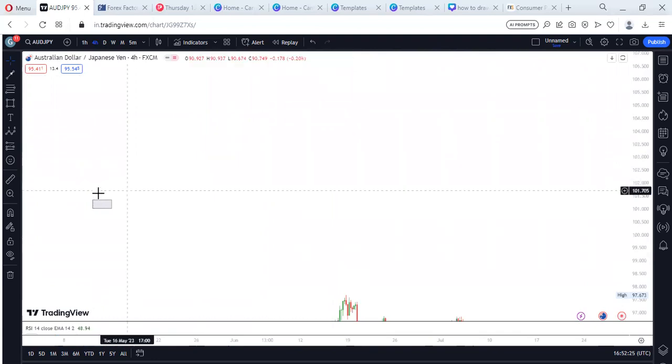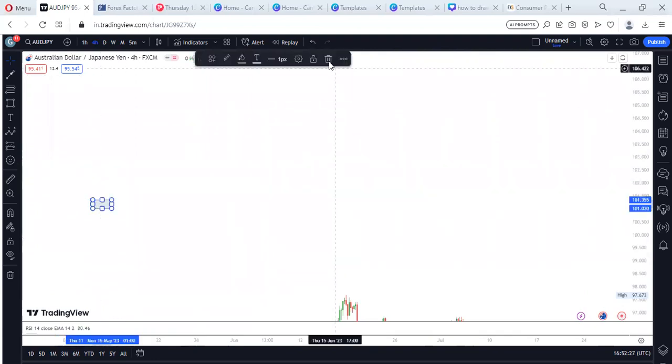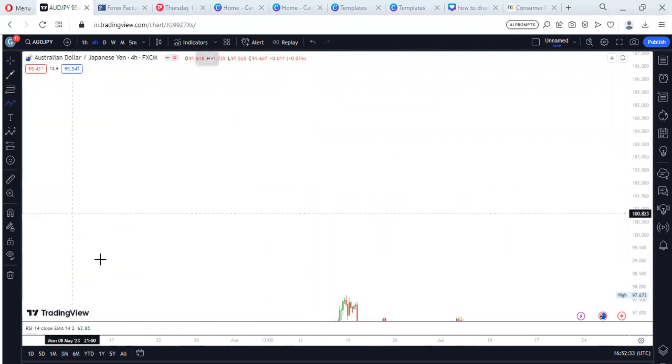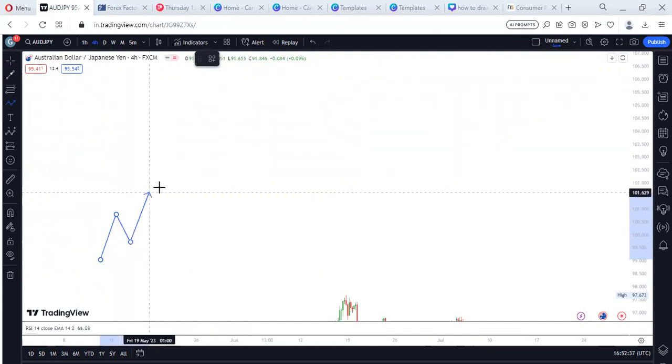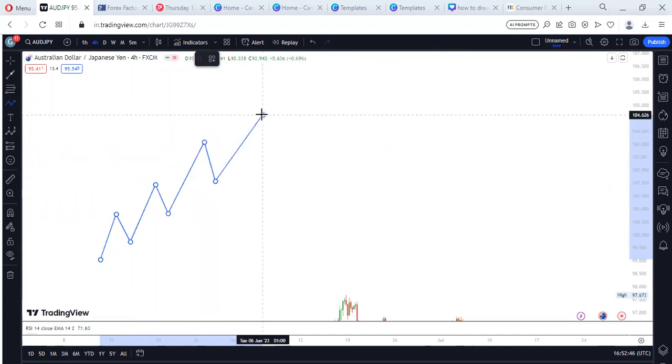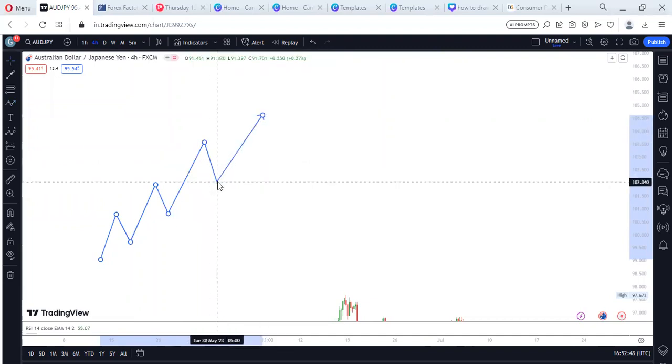During these market conditions in which we can place trend lines, let's take an uptrend for instance. Let's say the market is moving higher. What do we need to see before we start placing trend lines?